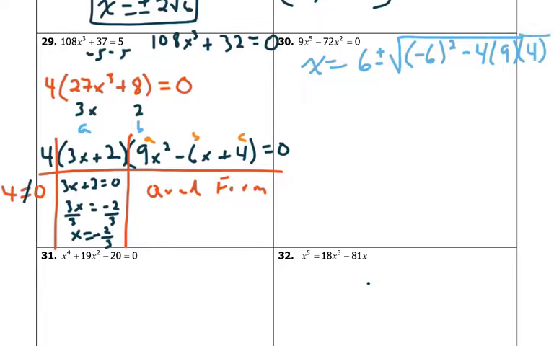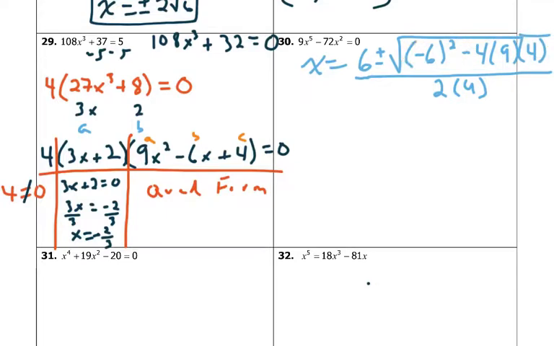Once we combine this, remember I always do, and then we have to do over 2a, everything over 2 times 9. Now remember, I do this, then I multiply these, and then I add or subtract them together. In this case, it would be subtract.